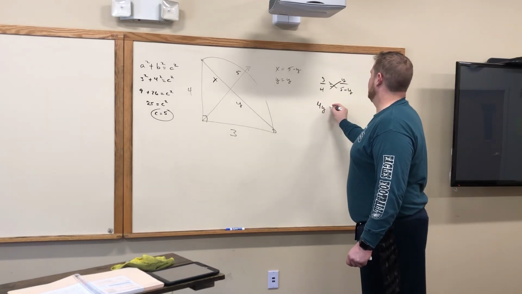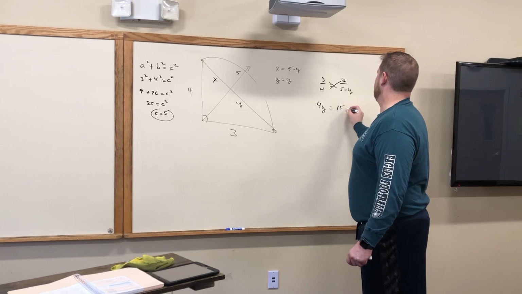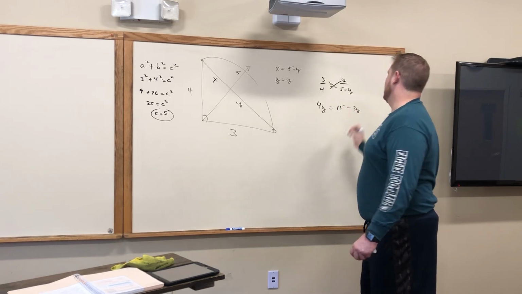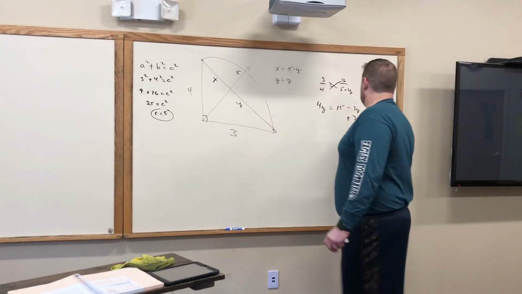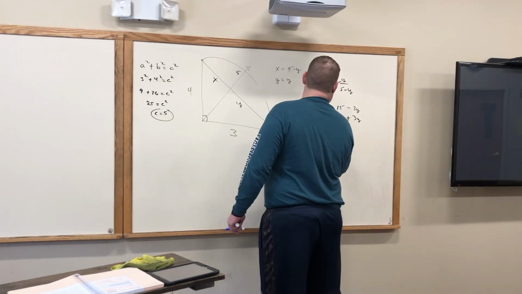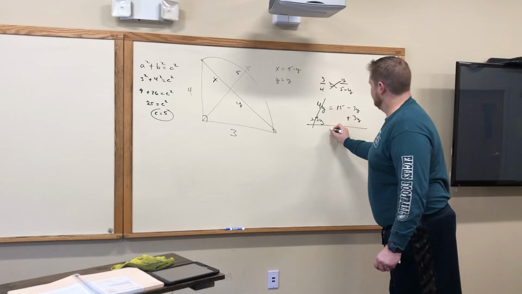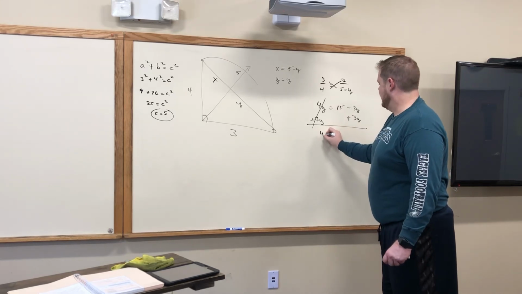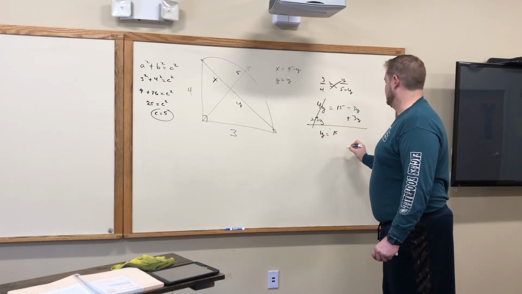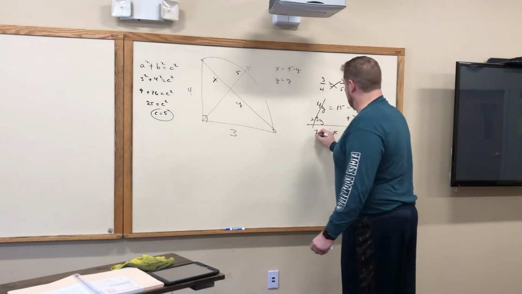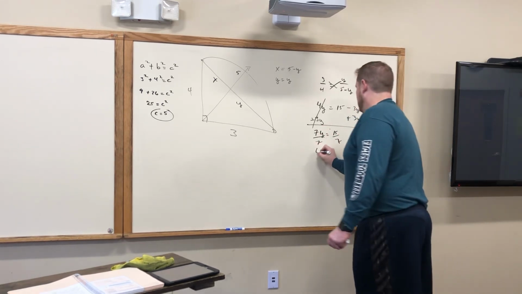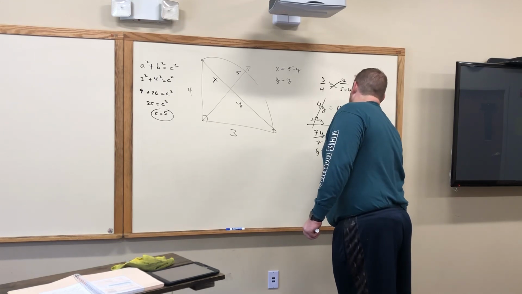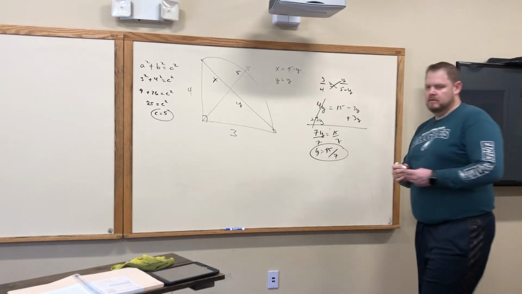We have 4Y equals 15 minus 3Y. Now what do I do? Add 3Y to both sides, and you're left with 7Y equals 15. Divide by 7, divide by 7. Y equals 15 over 7.